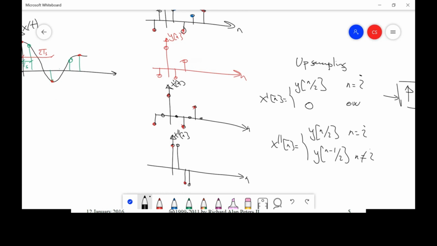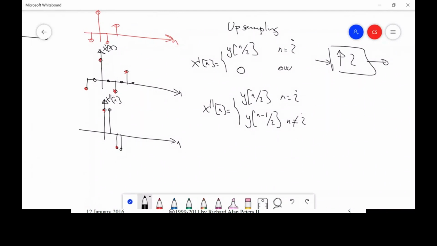Actually, this x second can be decomposed into parts. I can simulate this by an upsampling by a factor 2, the standard one, and then a convolution with this signal.